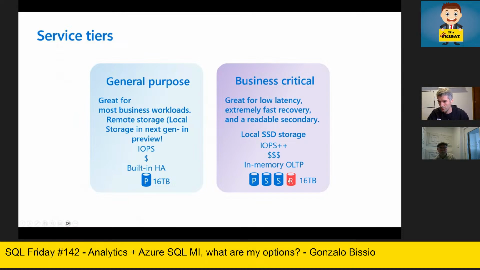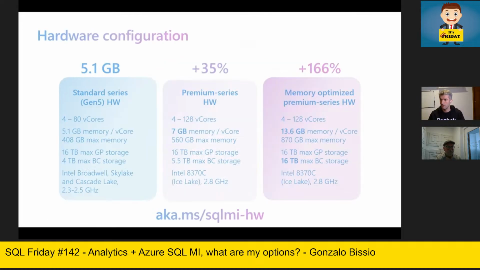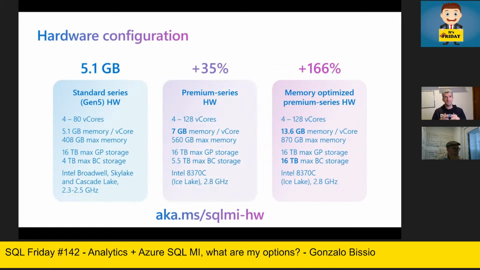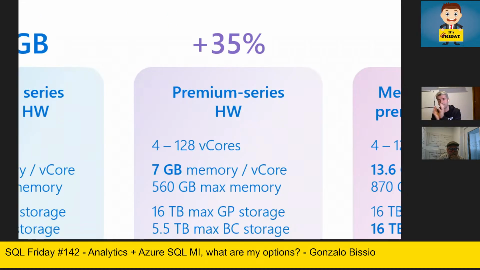Let me see if I enable this little guy. I can't remember. Or if I do this, yes, nice. Then this hardware configuration: every time you choose a service tier, you can choose the standard or the premium series. The most important thing here is the memory per vCore. Obviously, every time I'm talking about compute resources, I'm talking about cost.